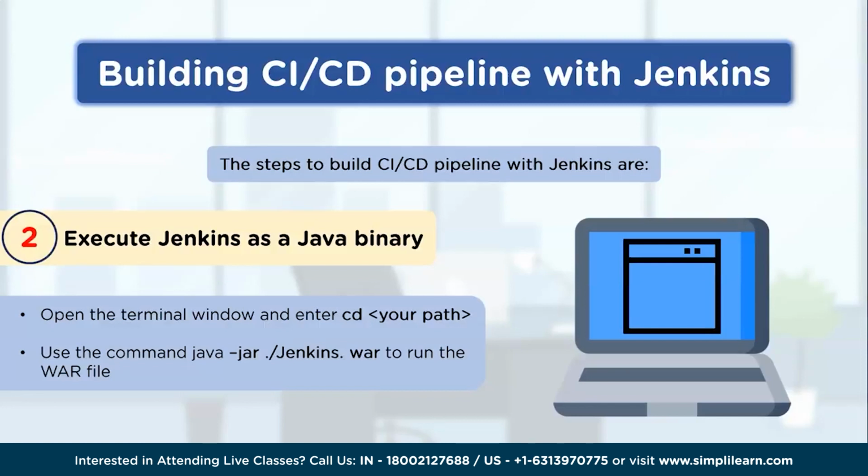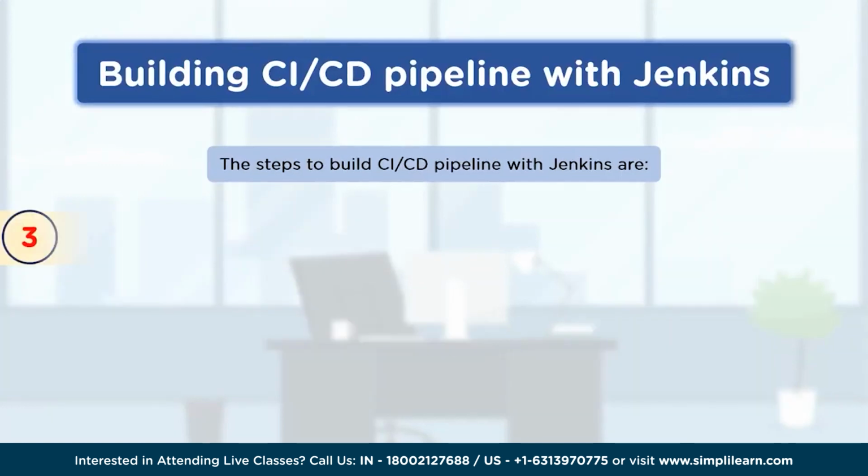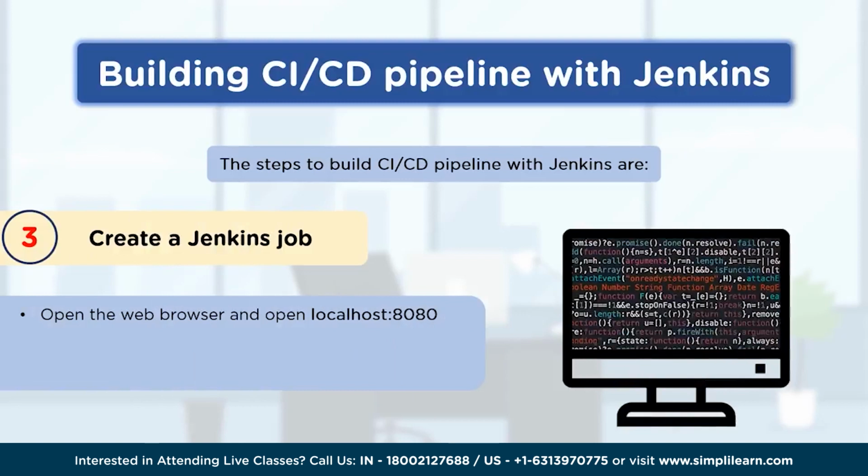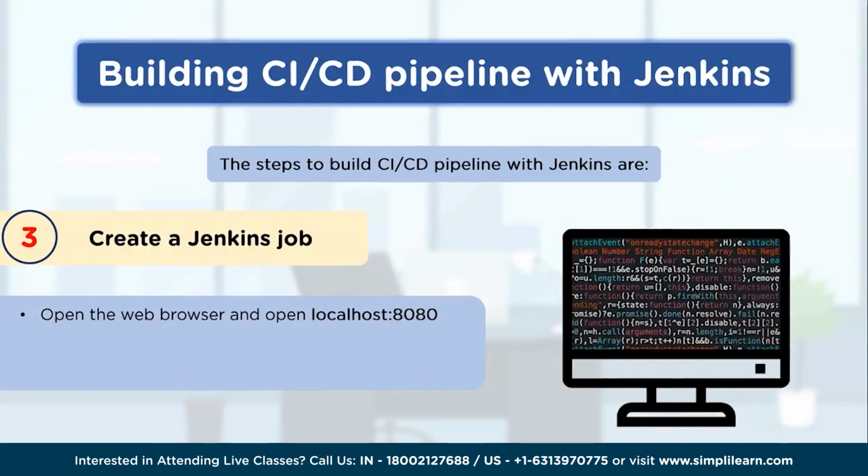War files and jar files can be easily deployed, because with the Java command you can run them, and you don't require any web container or application container. Here also we are running the Java command and it runs the application. Once that is done, you can open the web browser and go to localhost:8080. Jenkins uses port 8080, just like Tomcat or Apache.